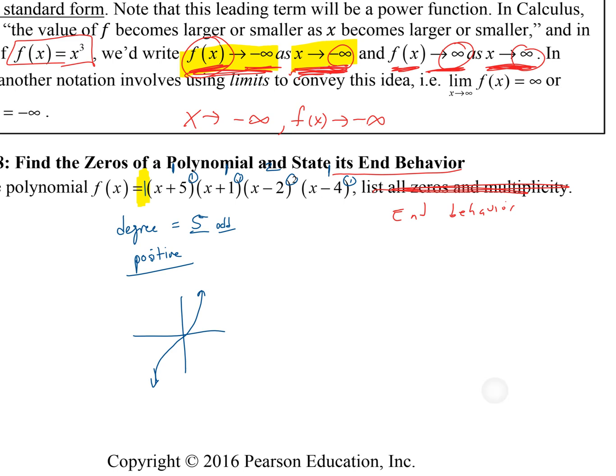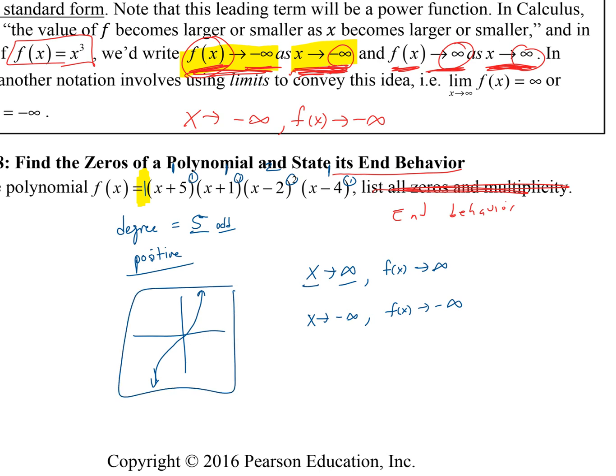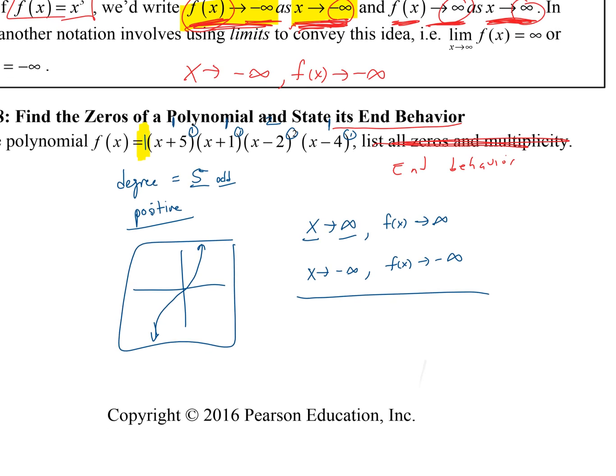So in other words, as you look to the right of the graph, the graph goes up. And as you look to the left, the graph goes down. Now, I'm okay with something like that as an answer, but this is how you would describe the answer. You guys understand?